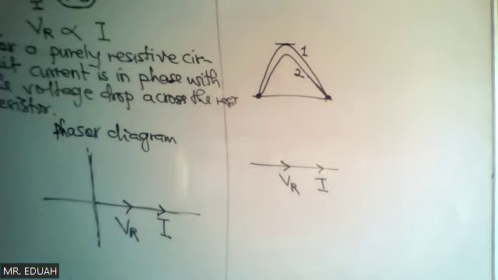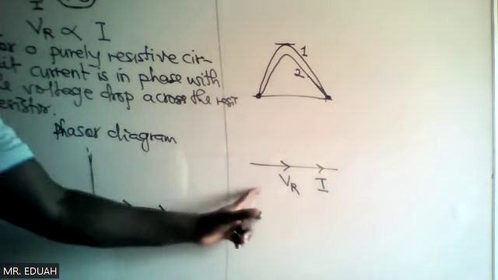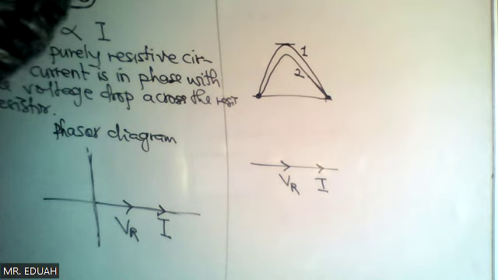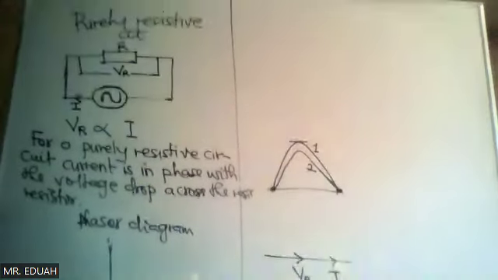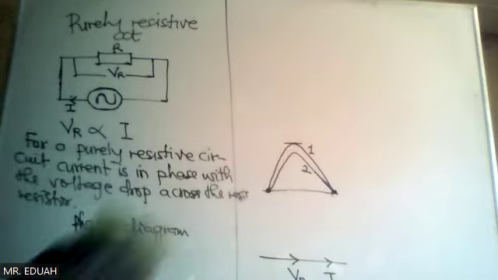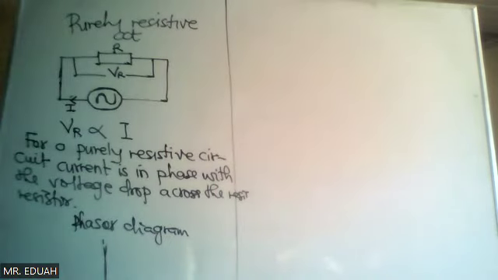Here's the phasor diagram. Now, apart from the phasor diagram, they also have another representation, which is the waveform. Let's draw the waveform for the two quantities in phase.